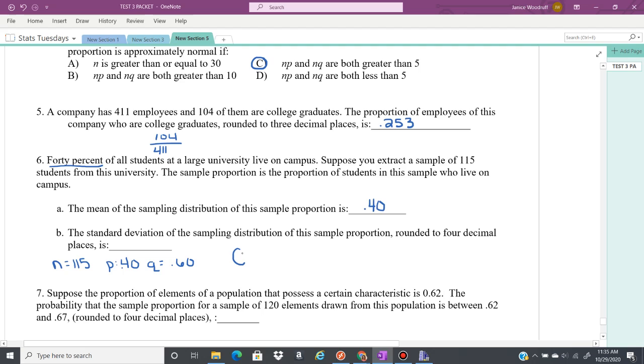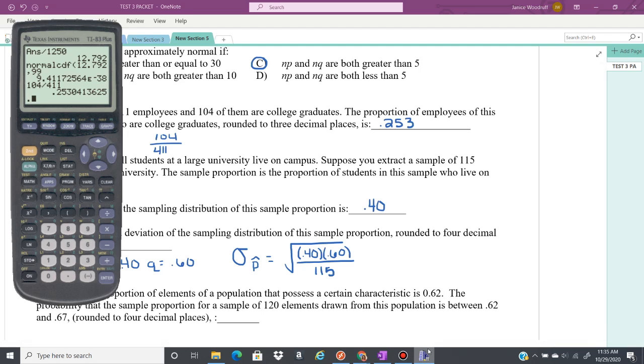So your standard deviation of your proportion is going to be the square root of PQ over N, so 0.40 times 0.60 over 115. So let's go ahead and do that. 0.4 times 0.6 divided by 115, and then I'm going to take the square root. So 0.0457.